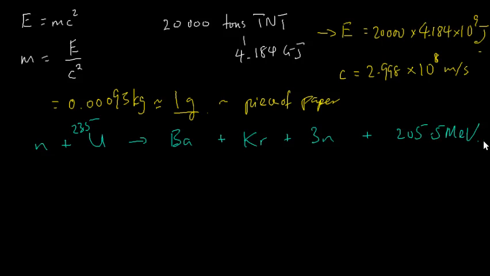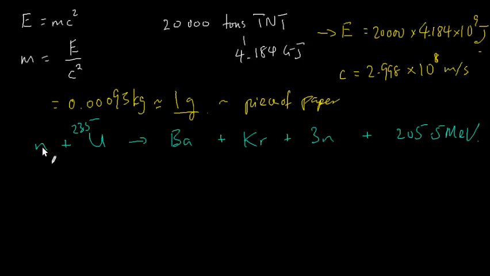Okay, so given now that we know both the energy and the mass equivalent, we have all these values. We want to find the actual mass of uranium that was fissioned to produce that amount of energy.